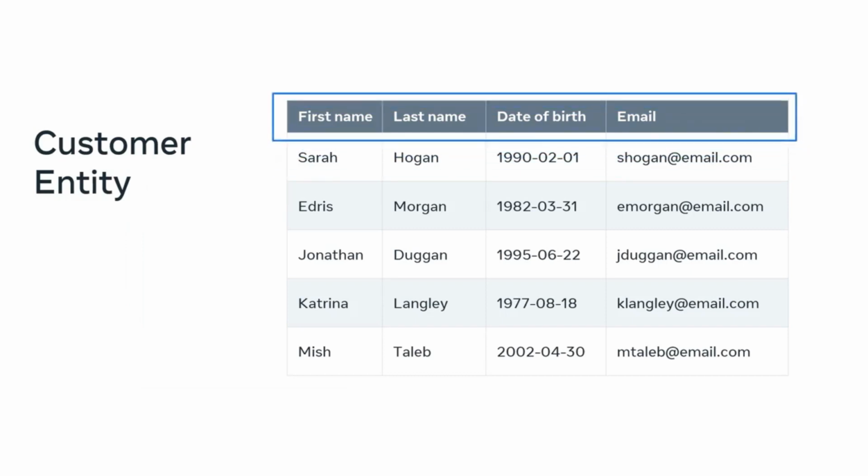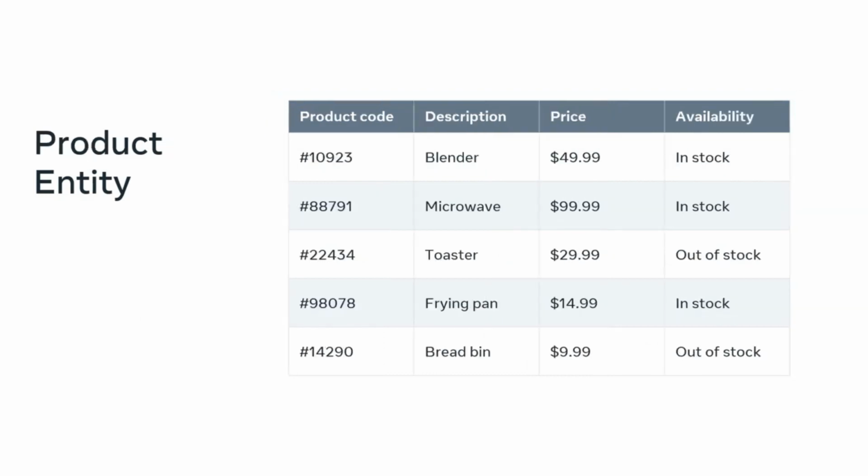These attributes could include first name, last name, date of birth, and email. And they could also have product data stored in a product entity against attributes like product code, description, price, and availability. In the relational database world, these entities are known as relations or tables. The attributes become the columns of the table, and each table row represents an instance of that entity.